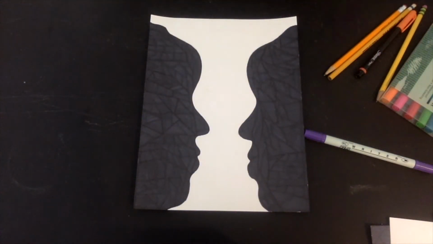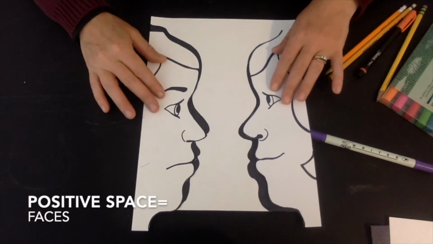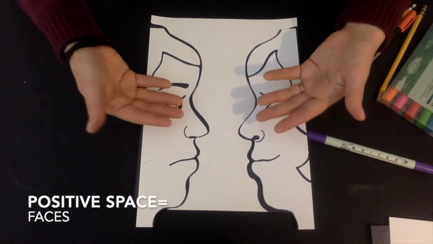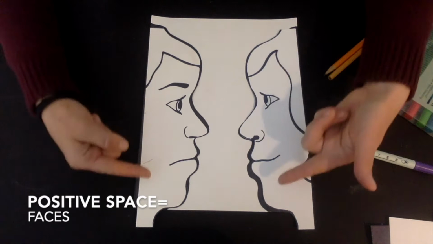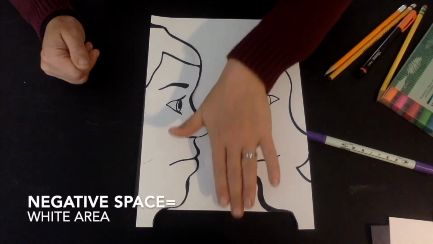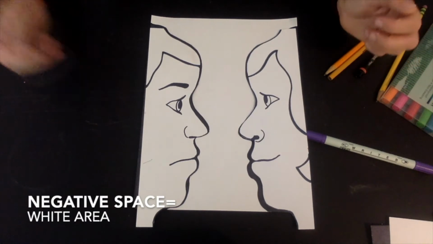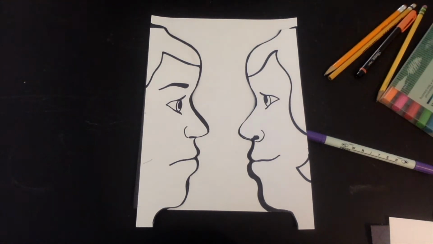Maybe some of you, when you looked at this image, did not see the white vase as the positive space. Perhaps you identified two faces looking in from the sides of the paper. If you identified two faces as the positive space and the white space in the center as the negative space, you were also correct.